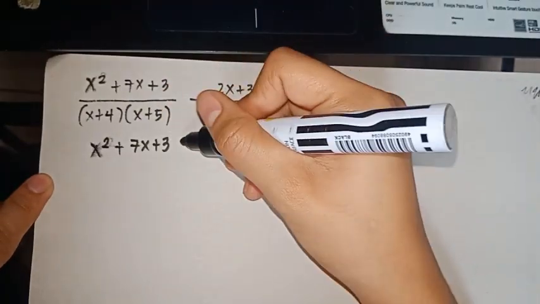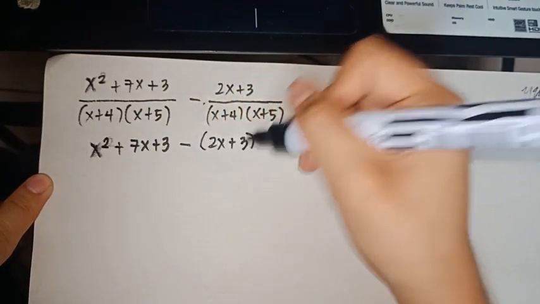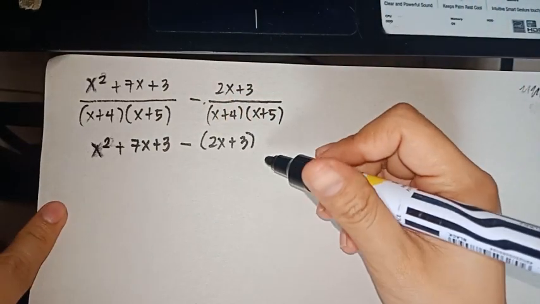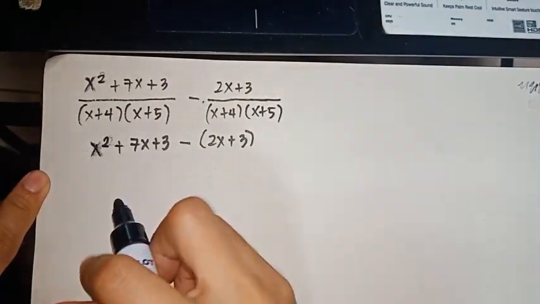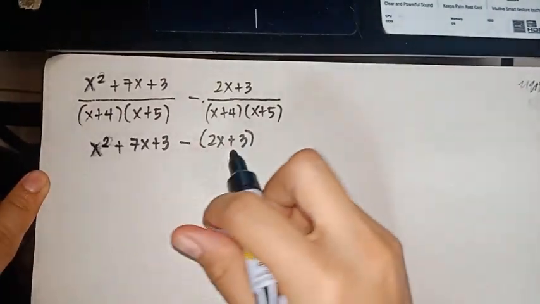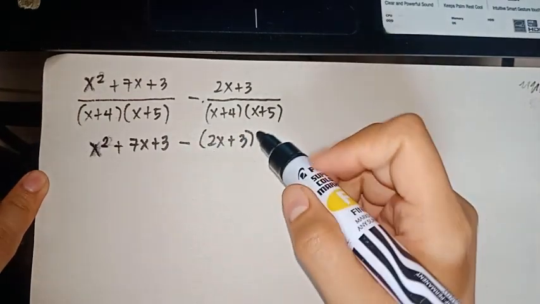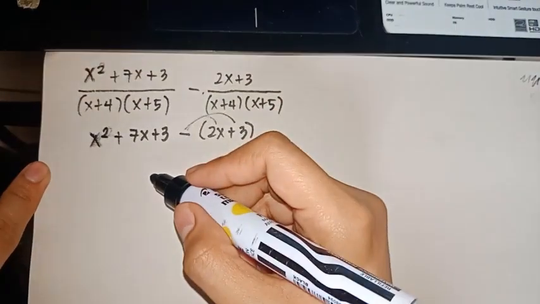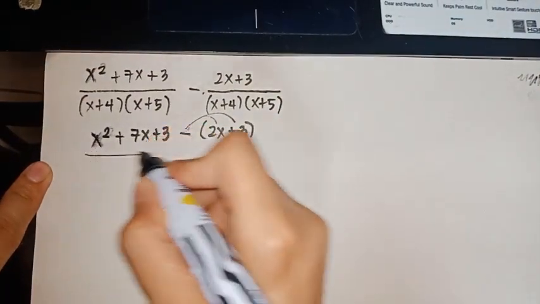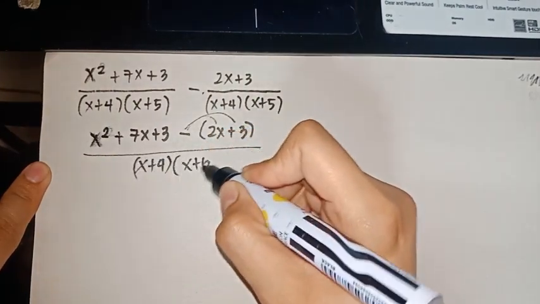Our operation is subtraction, so minus 2x plus 3. Now, you might be confused, or some of you might remember that when subtracting polynomials, we have to change the sign of our subtrahend. That is the first thing you should do before we simplify. So we have all over x plus 4 times x plus 5.